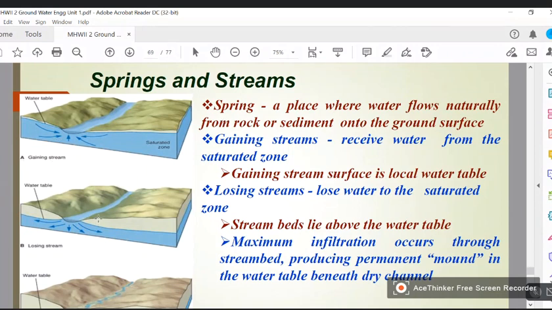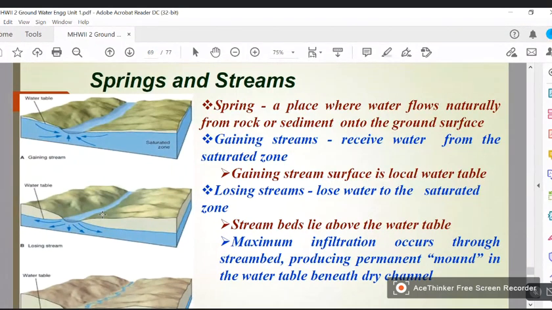Now when there is no flow from the ground, from the streams, from the rivers, there will be a reverse flow. So the flow will be percolating into the ground. So the groundwater table will be increased due to the channel storage available in the river. So that is a losing stream.